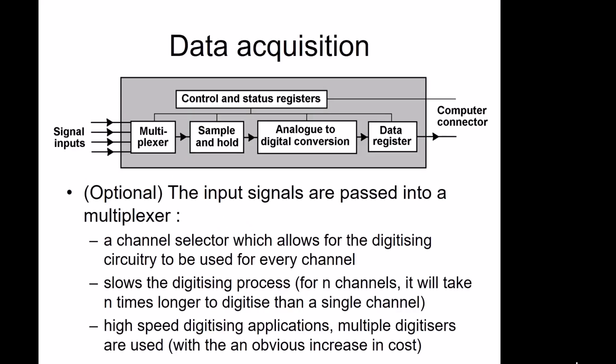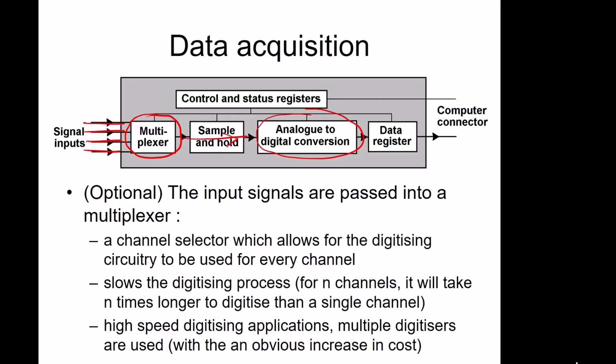The process of capturing data is called data acquisition. So we need our analog to digital conversion stage, but there are also several other stages involved. The first one of these may be a multiplexer. This is optional. What a multiplexer does is read in several signals, but only pass one signal through onto the digitization process.